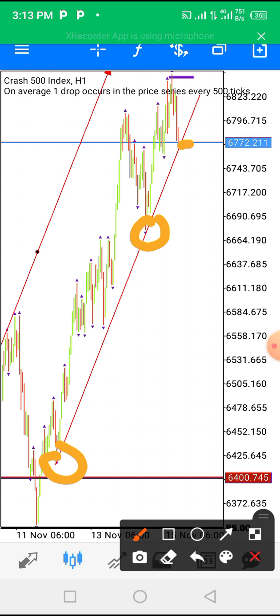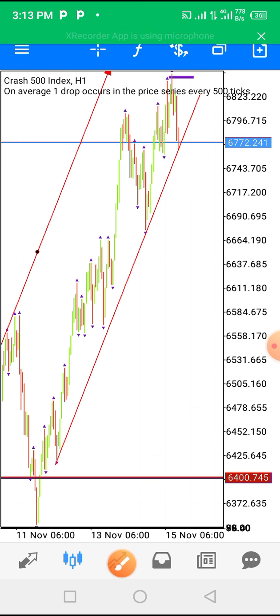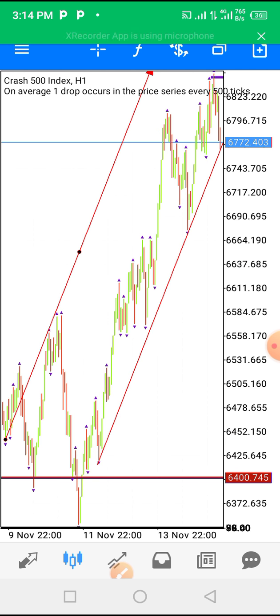It has three touches. Let me extend this one. The price has three touches to my trend line.